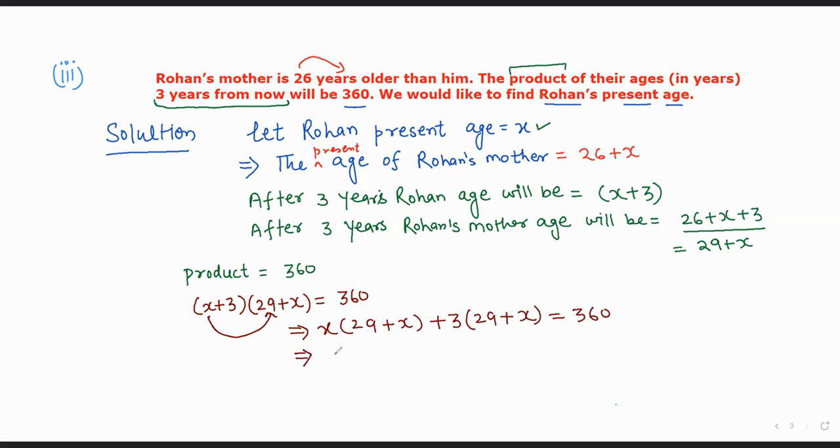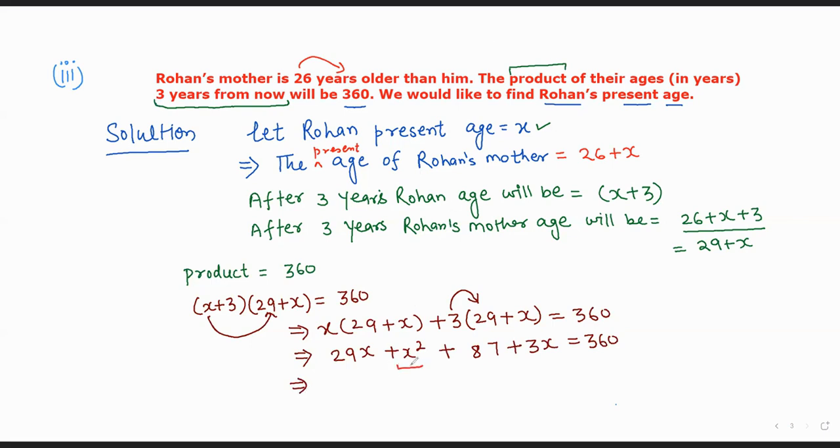So if you solve this one, it is 29x plus x square plus, if you multiply 3 with 29, it will be 87, plus 3x equal to 360. Alright. Now you see we have the x square term.